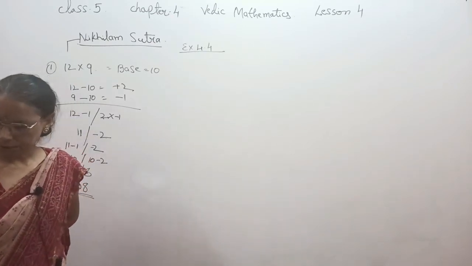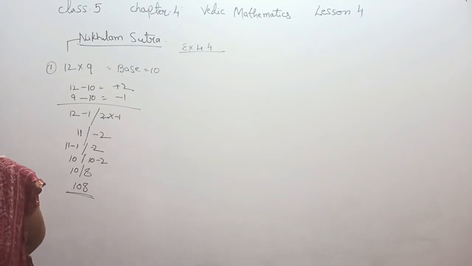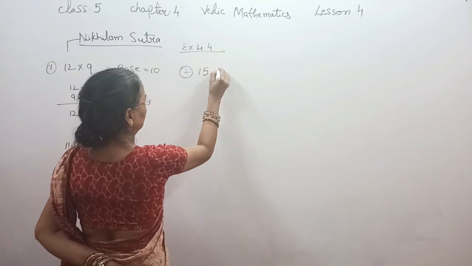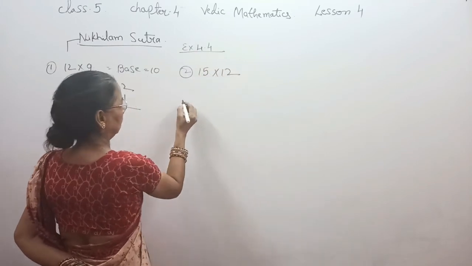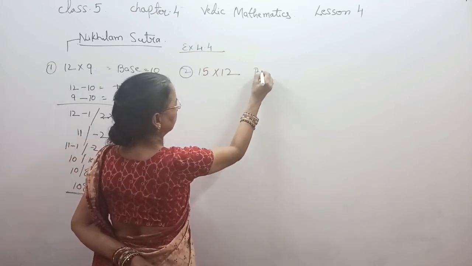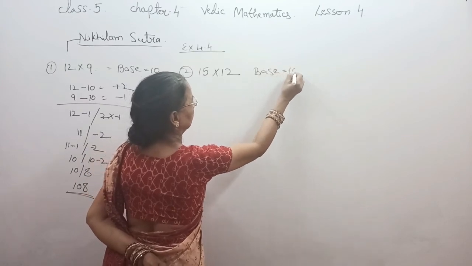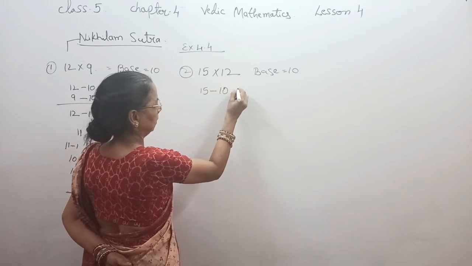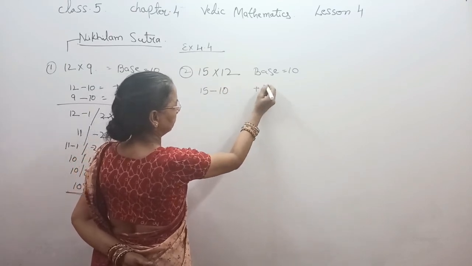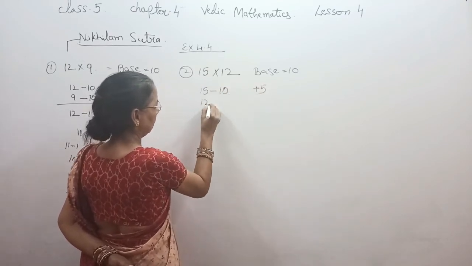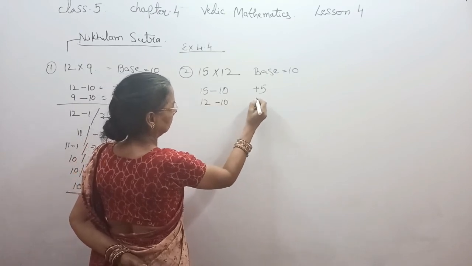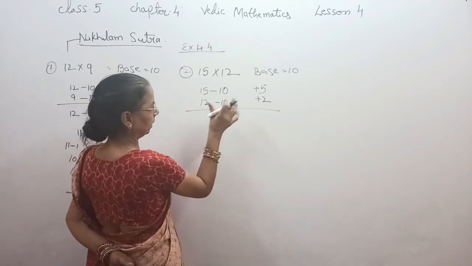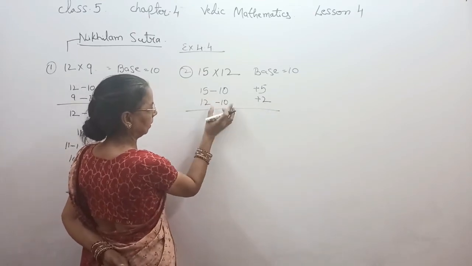In the same way, the second question is 15 into 12. First we take the base, that is 10. Now 15 minus 10 is plus 5, and 12 minus 10 is plus 2. Now we have the deviations, the numbers and the base.